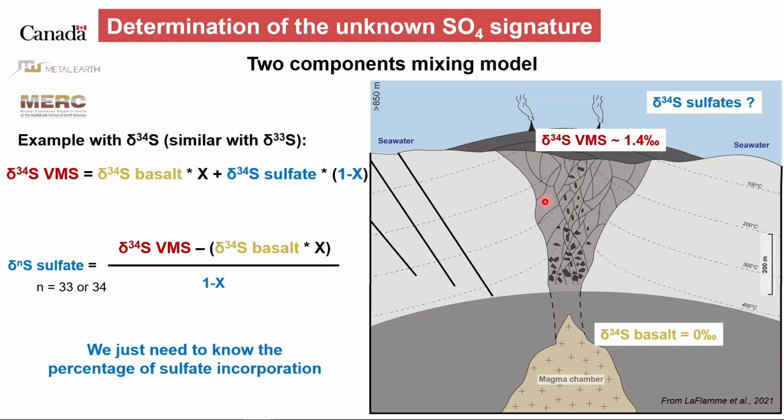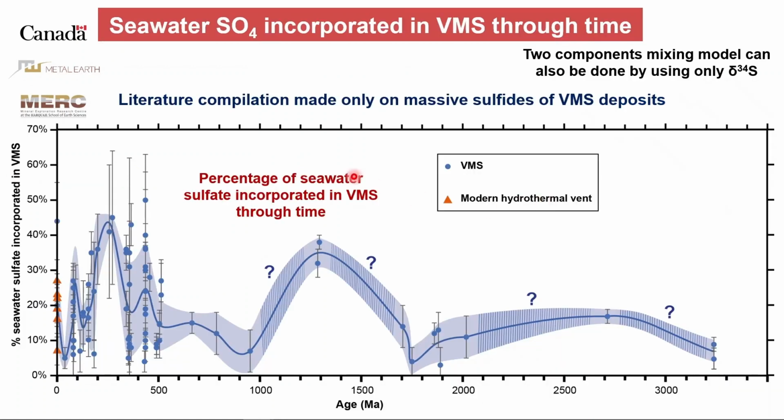For that, to have an idea of this proportion, I did a compilation of data from the literature on VMS of different ages to see the variation of the proportion of seawater sulfate in the VMS deposit.